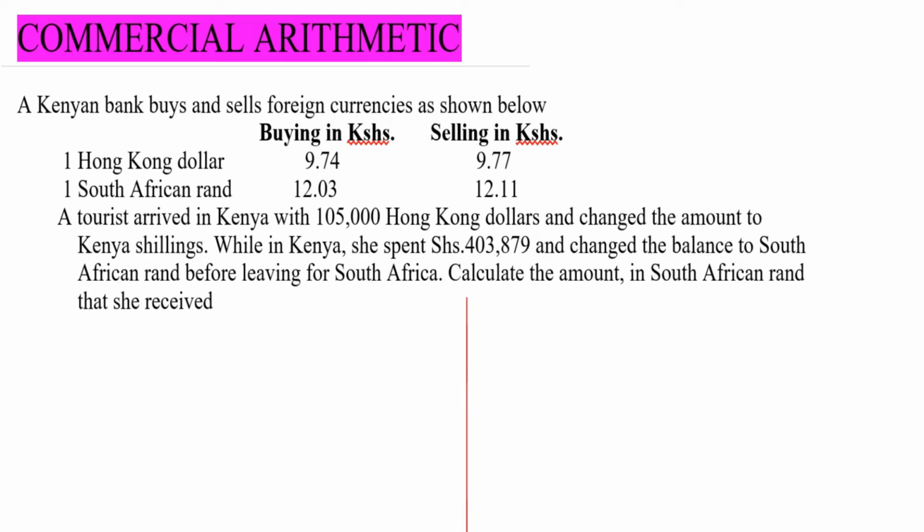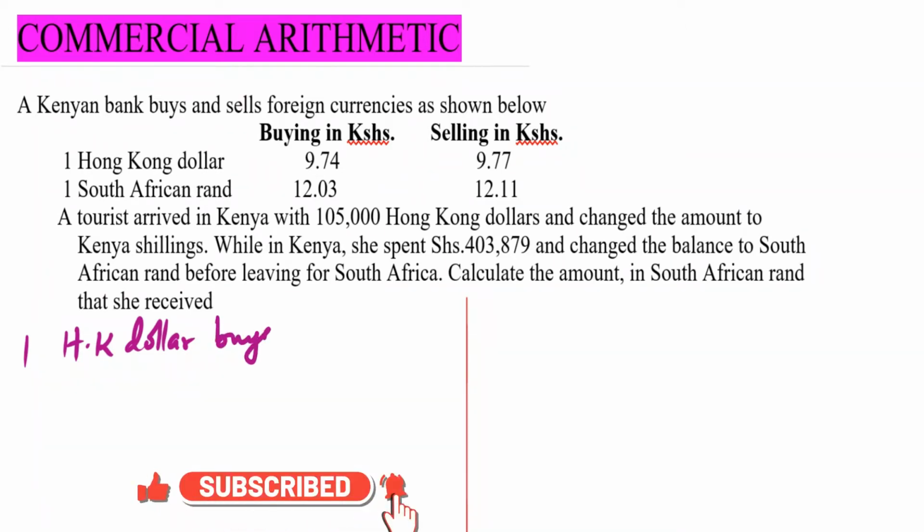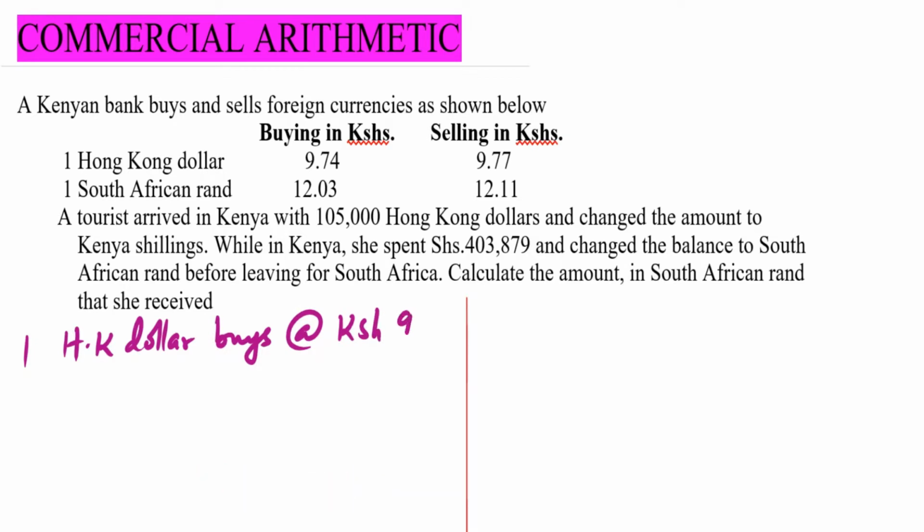From the conversion table, 1 Hong Kong dollar buys at Kenyan shillings 9.74. In converting Hong Kong dollars to Kenyan shillings, we are going to buy. So the Kenyan bank will buy the Hong Kong dollar.